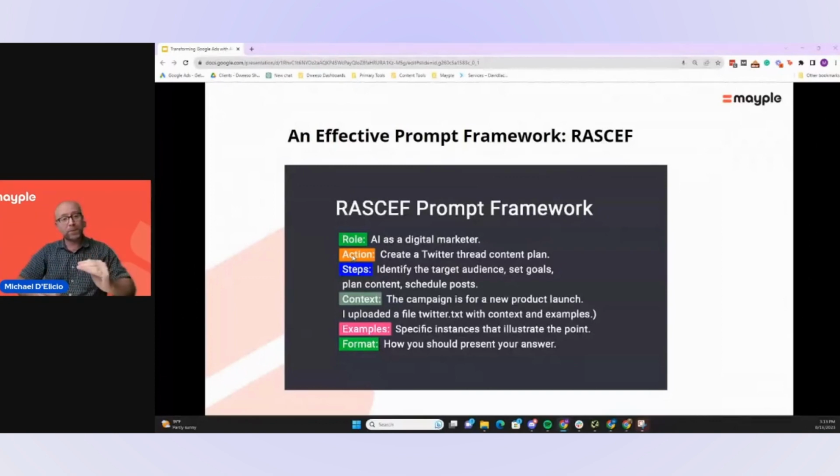You give it the steps that you want it to do, some sort of context, which is made even more powerful by a new addition to ChatGPT-4, the paid version, which allows for the uploading of either TXT or CSV files that it can read and then understand, to give examples of that. And you can put those examples again in a TXT file for it to read, and then the format that it will come out as.